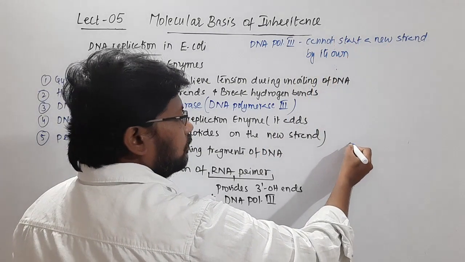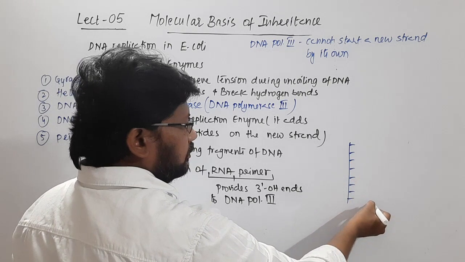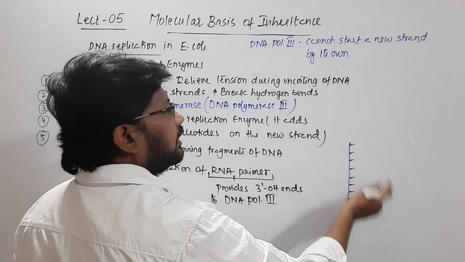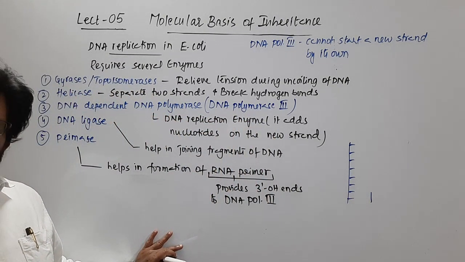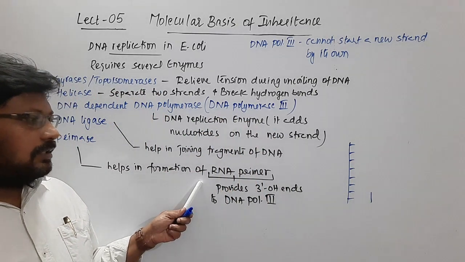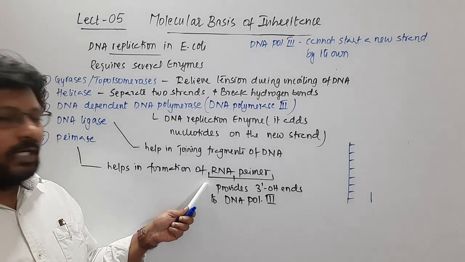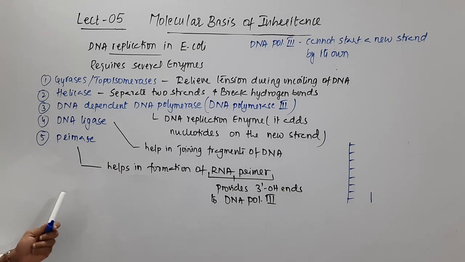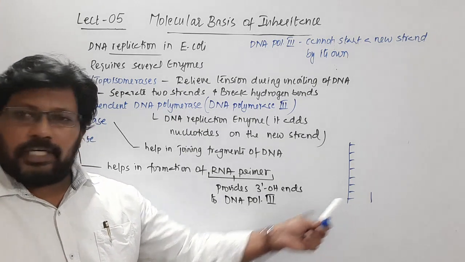Say suppose we have one DNA strand here. The new strand has to start synthesizing, and this cannot be initiated by DNA polymerase 3. So someone has to initiate, and that someone is this RNA primer. This RNA primer will be formed with the help of enzyme called RNA primase, and will result in the formation of a short stretch.